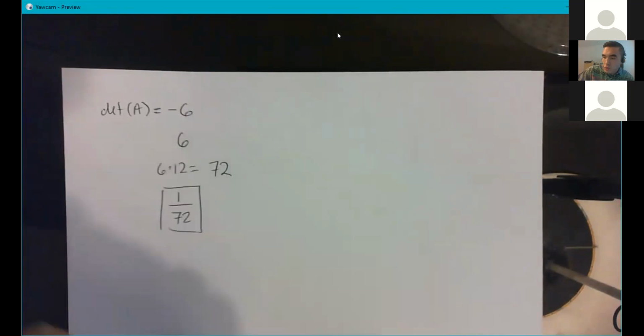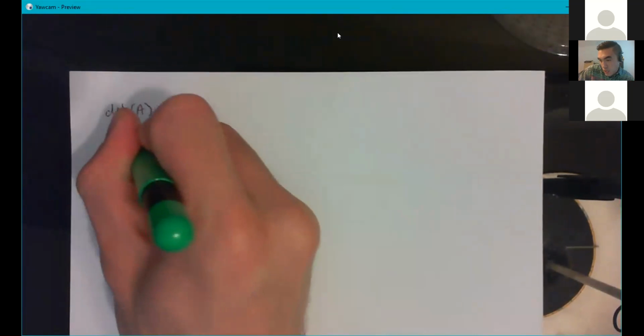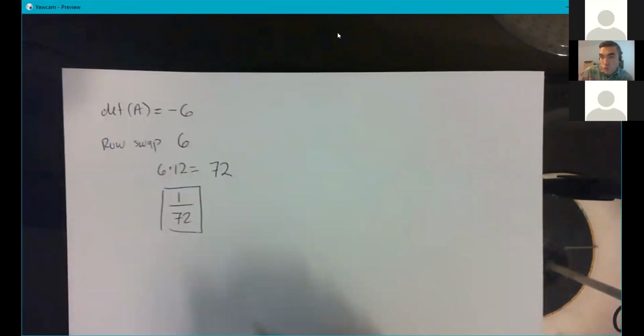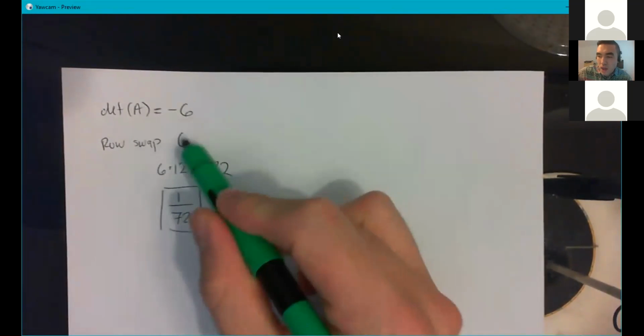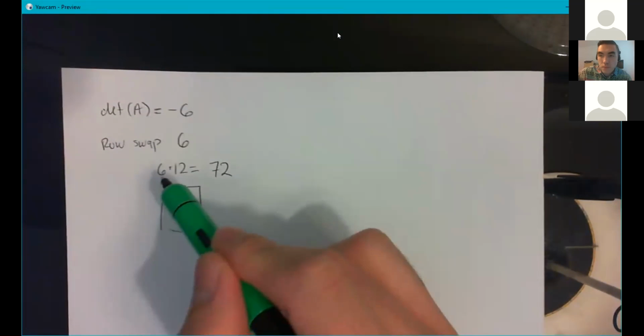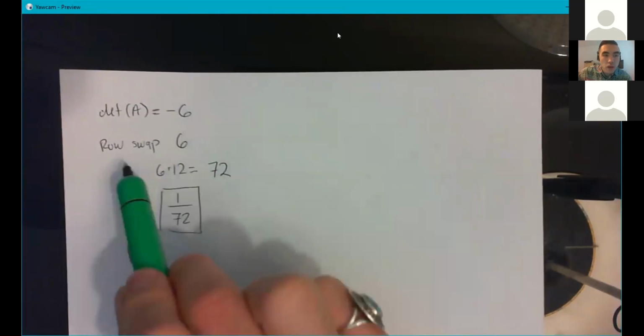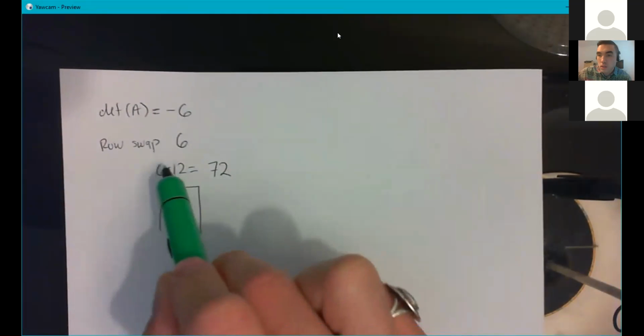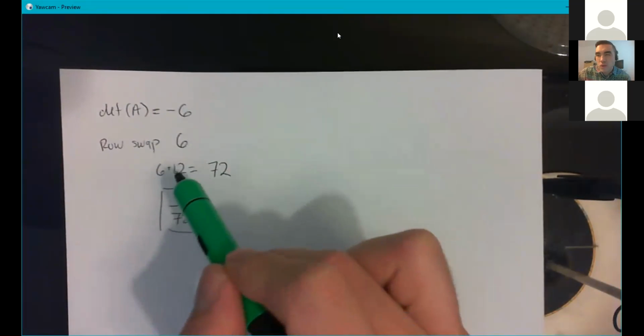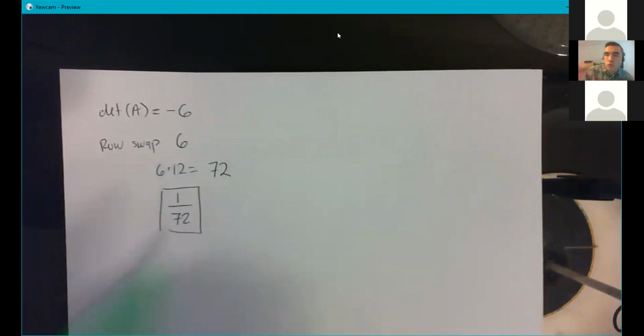So first one is a row swap. That changes the sign. And that's as many row swaps as you want. So if you row swap one set of rows and then row swap another set of rows, then it'll give you back the original sign, because every row swap gives us a -1. Multiplying a row by a constant just multiplies that constant into the determinant, which I actually think is pretty clear if you think about the shortcut for 3 by 3.